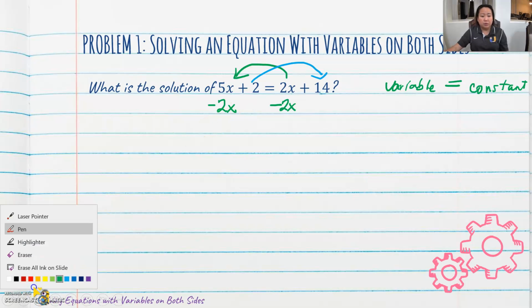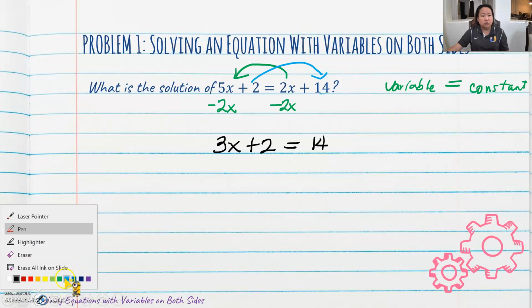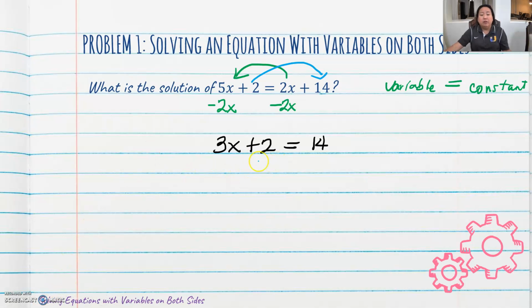And so now the right side, if you combine like terms, you now have 3x + 2 = 14. And like what we said earlier, this positive 2 on the left side needs to jump to the other side of the equation, so we use our inverse operation. Plus 2 needs to be subtracted by 2.